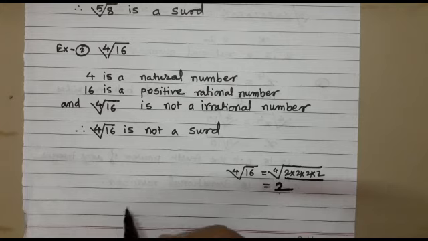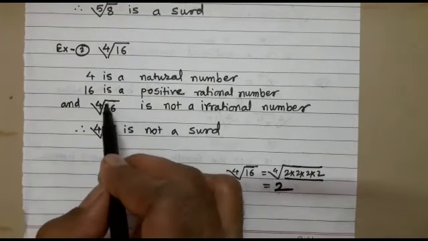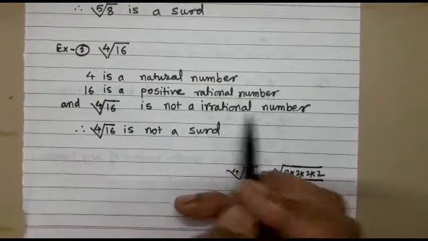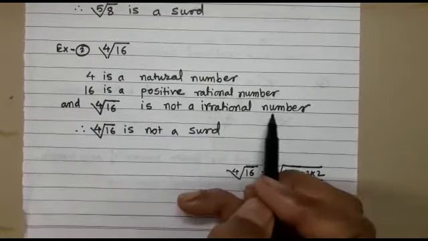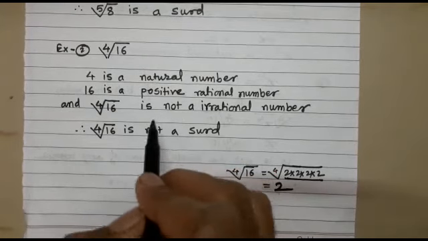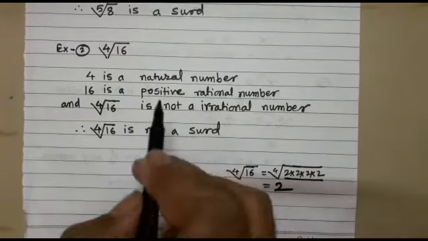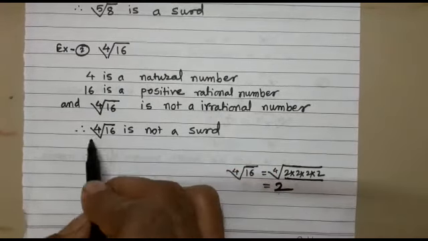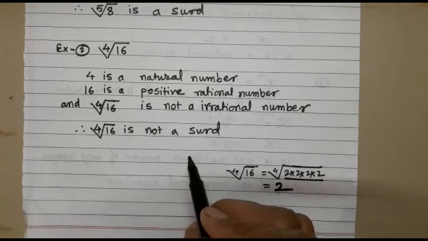It is not irrational. It is a rational number actually. If it is irrational, then it is a surd, but it is not irrational. That's why fourth root of 16 is not a surd. That means to declare whether it is a surd or not, first of all, we have to check these three conditions.